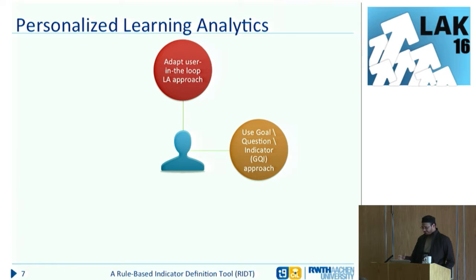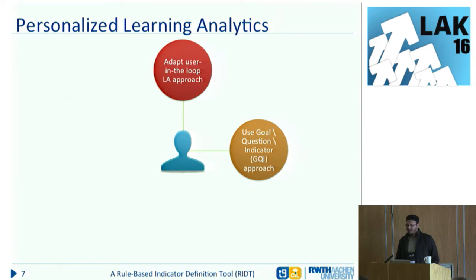And of course, the process of defining the indicator can be complex, especially for persons who are not technically sound, or who are in a different field of education, maybe like mathematics or medicine or anyone else who wanted to use these analytics.